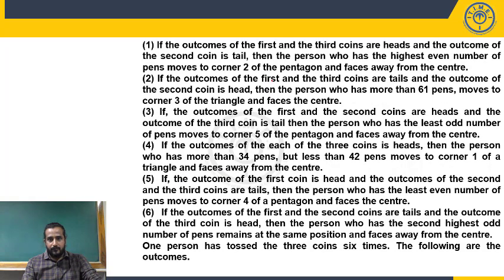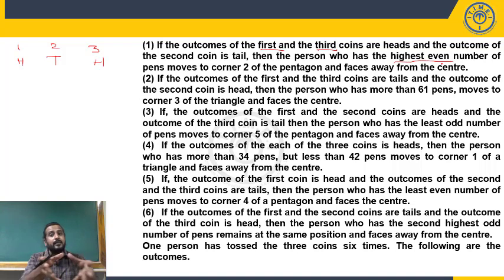If the outcomes of the first and third coins, we have 3 coins, right, first, second, third. If the outcomes of the first and third coins are heads, head, head, and the outcome of the second coin is tail, then the person who has the highest even number of pens, from where will we get that information?